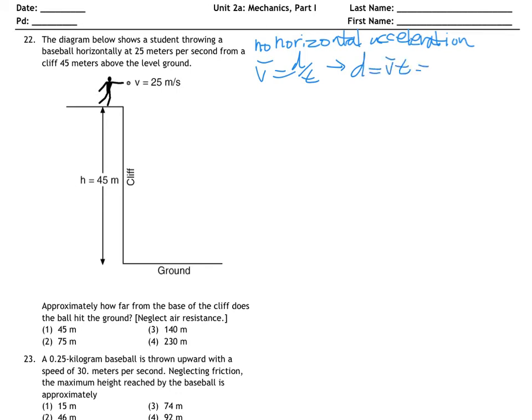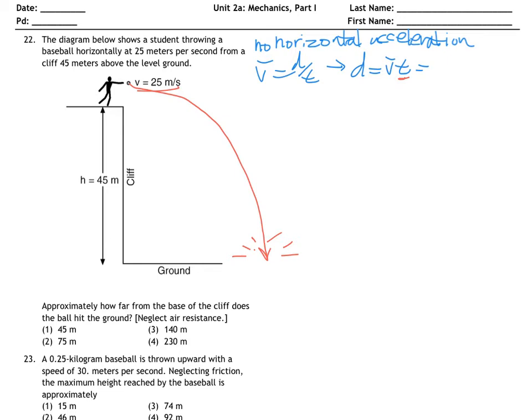I can see that the v bar is going to be 25, but what is the t? What is the time that it'll be in the air as it's making its way down to the ground? In order to figure that out, that is a free fall question, and it's all vertical as well. So I'm going to label some of the pieces of information that I'm ultimately going to need.